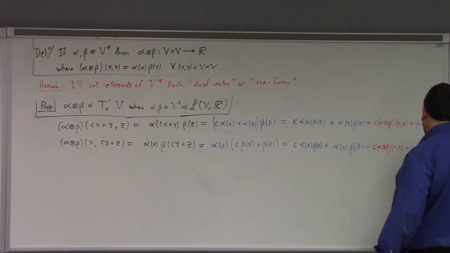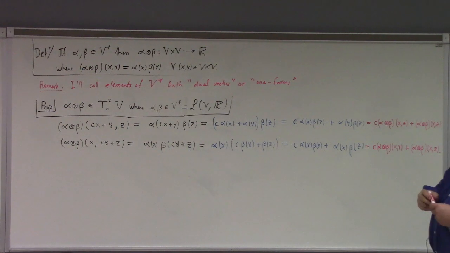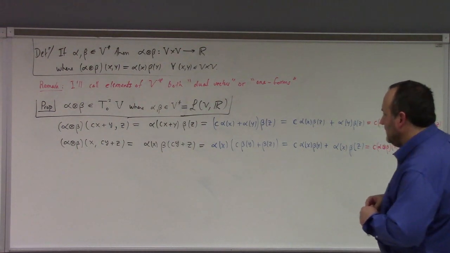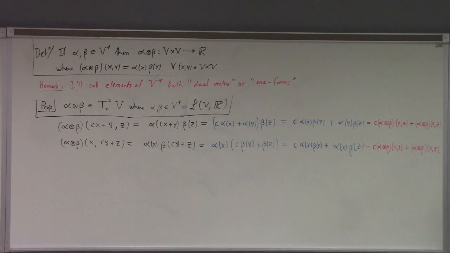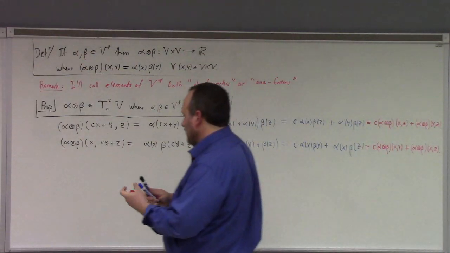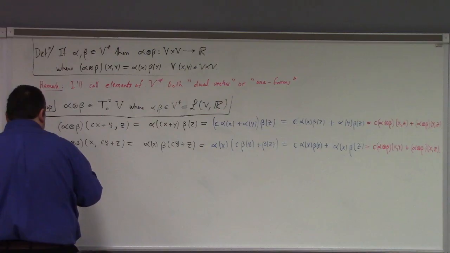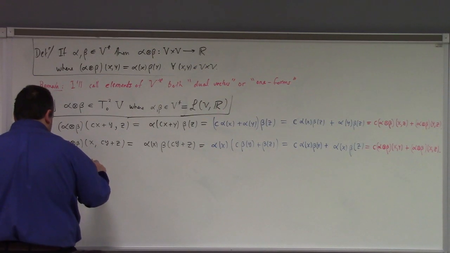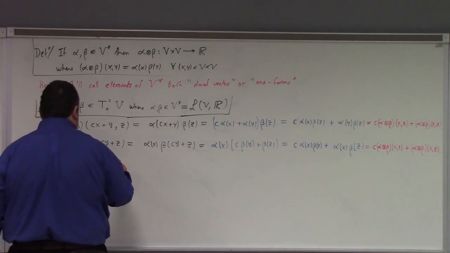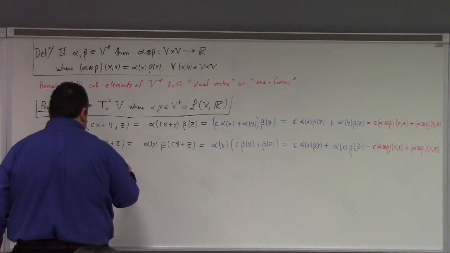But look, that is exactly what we need to prove linearity in the first slot, right? And linearity in the second slot, right? So, thus, alpha tensor beta is an element of the bilinear forms over V.